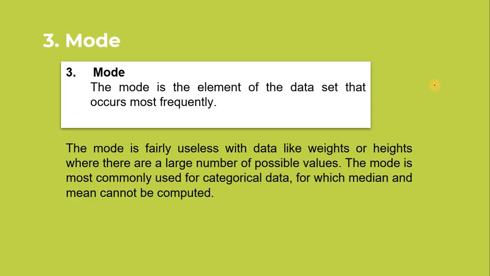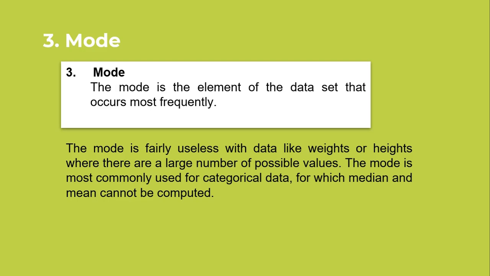So next, we go to the mode. So another average is the mode. The mode is the element of a data set that occurs most frequently.